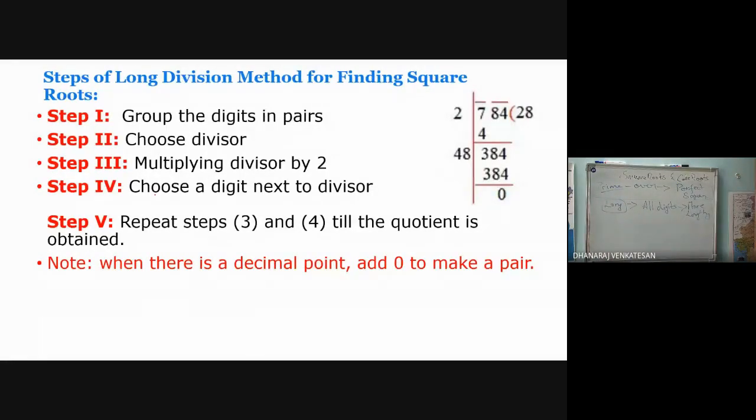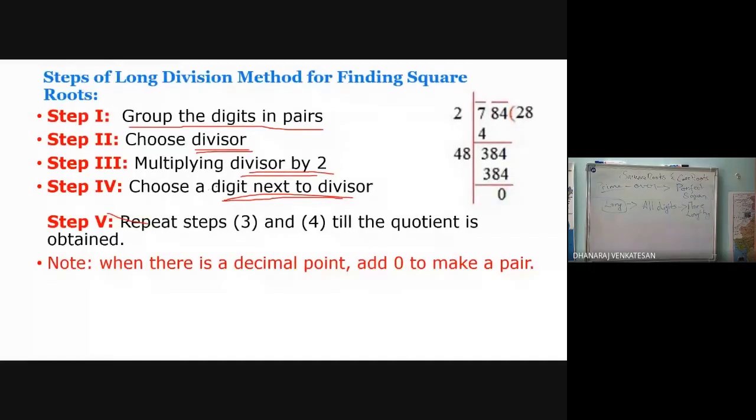The first step in the long division method is that you have to group the digits in twos, or pairs. Next is to choose a suitable divisor. Next you have to multiply the divisor by 2. Then choose a digit next to the divisor.